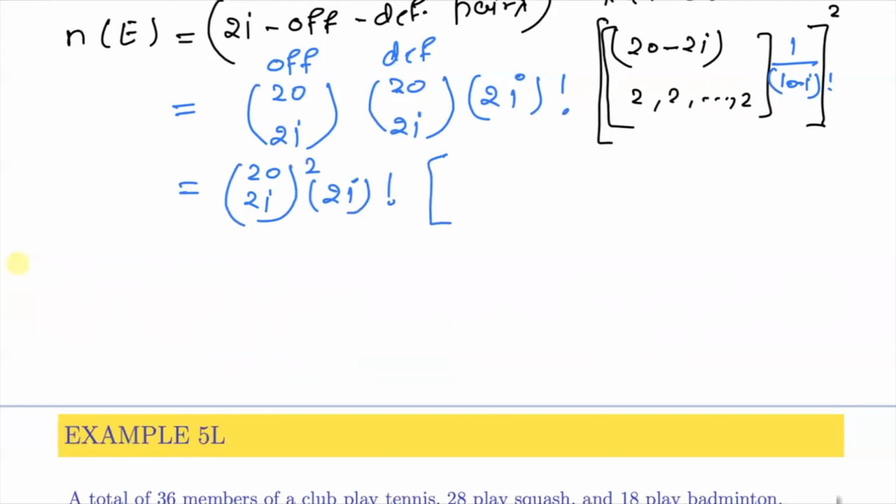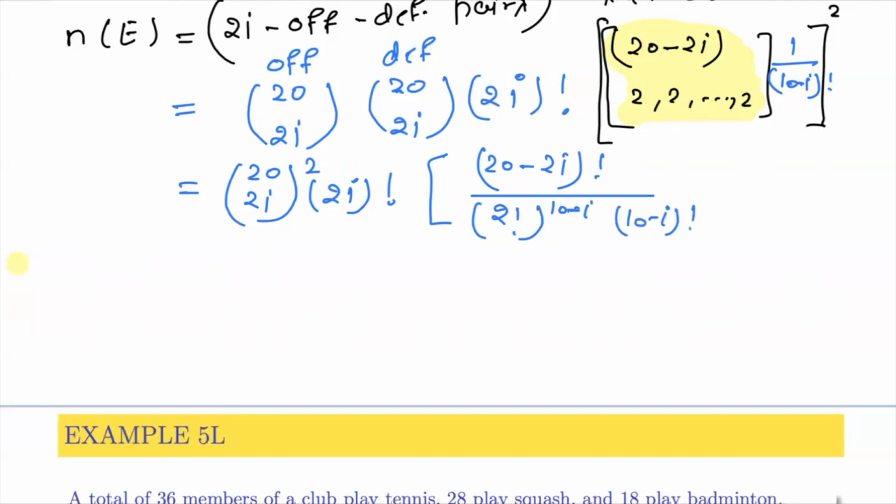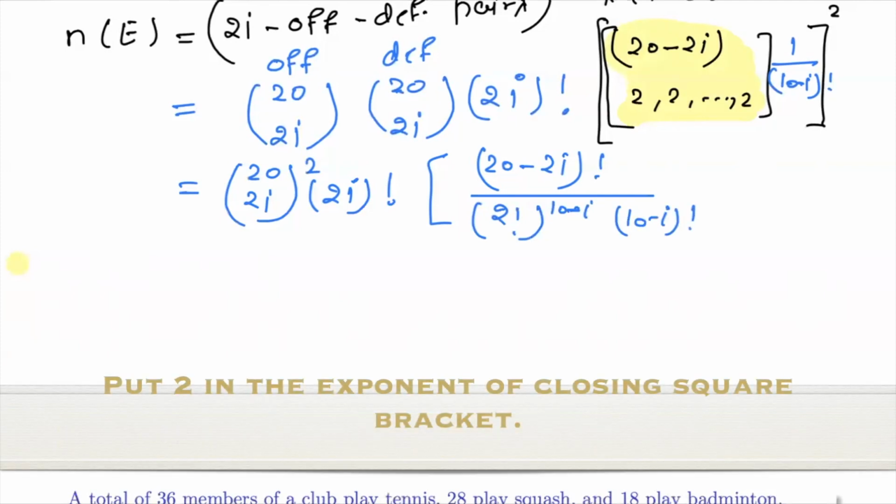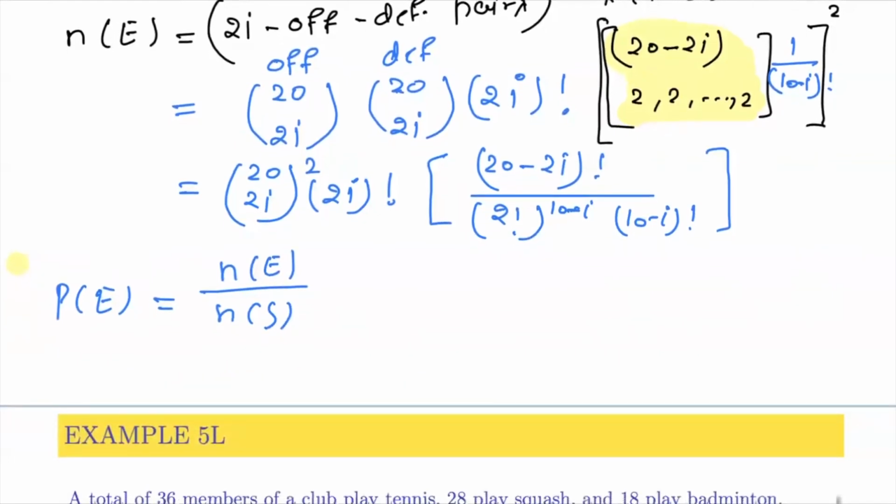Within this square bracket, you can rewrite it as 20 minus 2I factorial, because this term is a multinomial term, divided by 2I to the power 10 minus I because there are 10 minus I groups, and divide by 10 minus I factorial because ordering is not required. This will be your NE, and from now you can easily get PE. P is simply NE divided by NS.